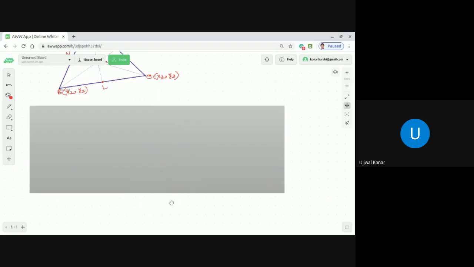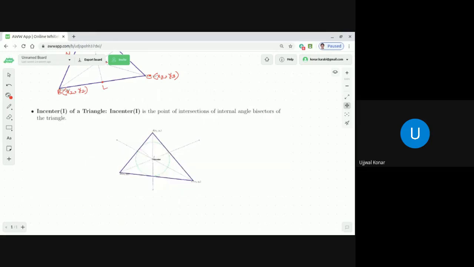So, dear students, let's take this triangle A having coordinates x1, y1, B having coordinates x2, y2, and C having coordinates x3, y3. And there are these three angles, and ABC has their own internal bisectors.